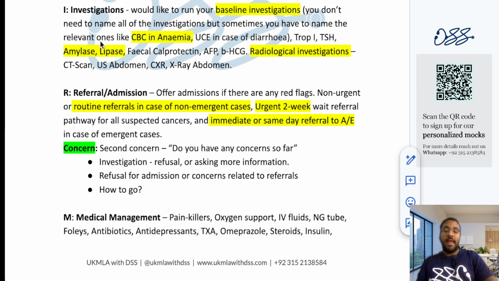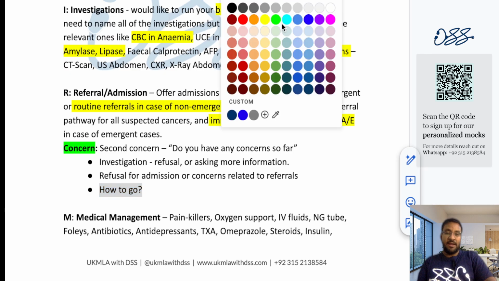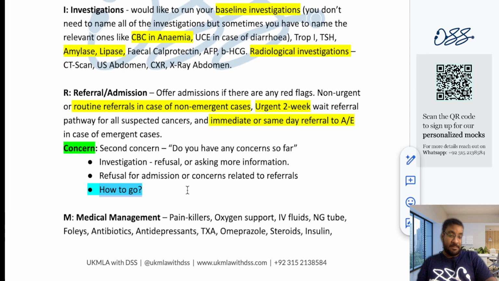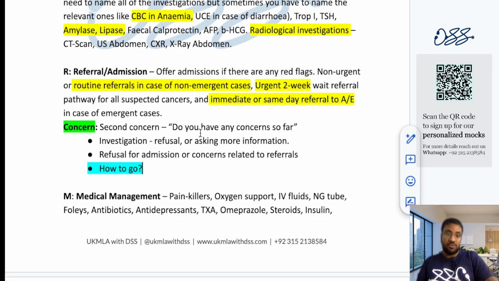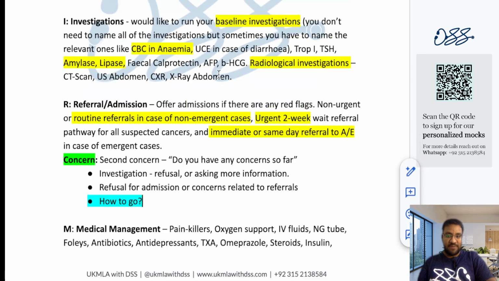Then a patient may give you a concern, like how should I go to the A&E? For example, let's suppose that the patient is having chest pain, and you are suspecting an MI, and he came to you in the GP surgery, and you say that this is an emergency condition, you need to go to the A&E as soon as possible, to get yourself admitted.